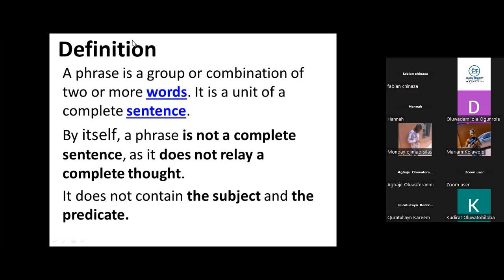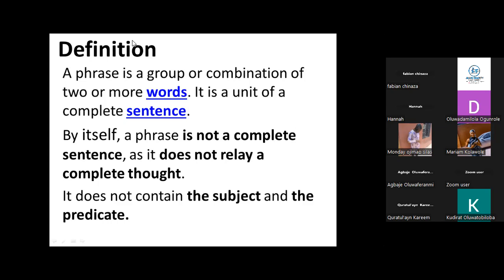And that clause we're talking about will be a main clause. But that is not our focus today. Our focus is mainly on a phrase. What I'm trying to bring out as a distinction is that while a clause can pass a complete message or express a complete thought, a phrase cannot do that.